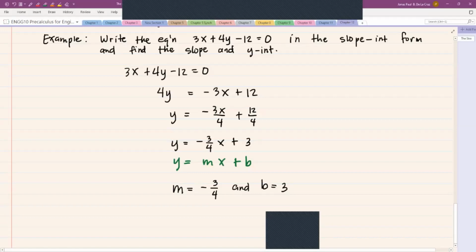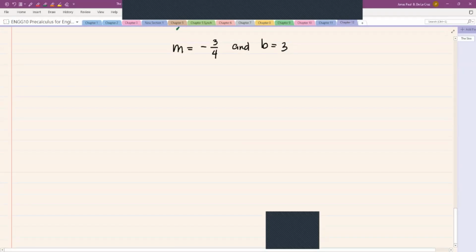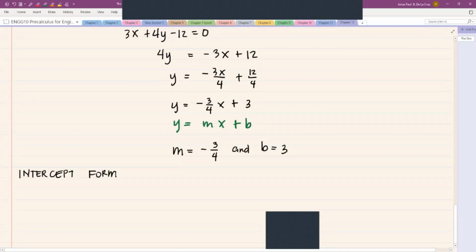Okay, meron din tayong form dito kapag dalawang intercept ang given. Okay, we call it the intercept form. Okay, ito kapag given ay x-intercept and y-intercept. Balik tayo sa discussion natin dito kanina.